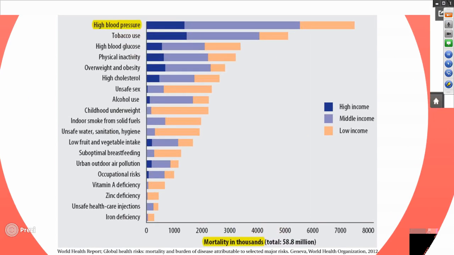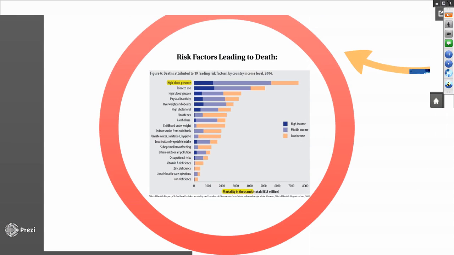And as you can see, given the title of this presentation, high blood pressure is among the leading causes, followed by tobacco use, high blood glucose, physical inactivity, and overweight and obesity. So all these things are responsible for raising the risk of chronic diseases. On the bottom y-axis here, you'll see mortality in the thousands, and we'll go into what these colors mean in a second.